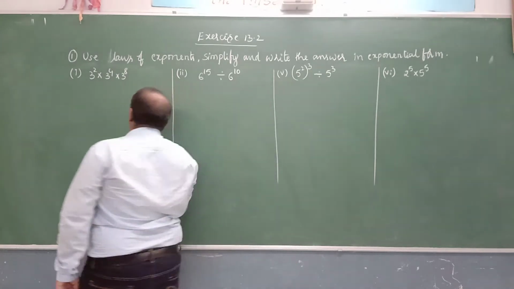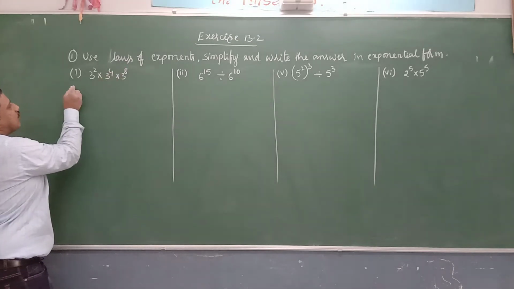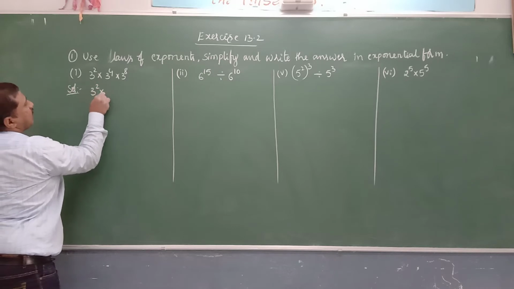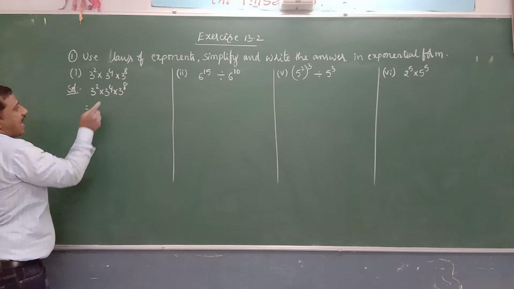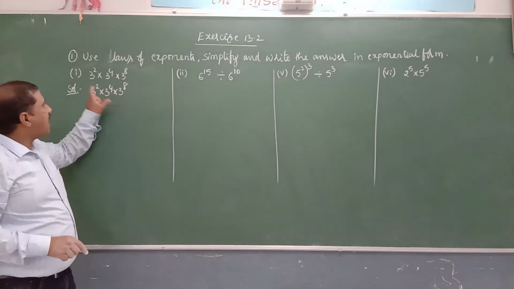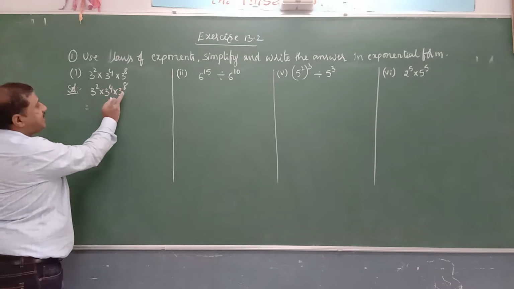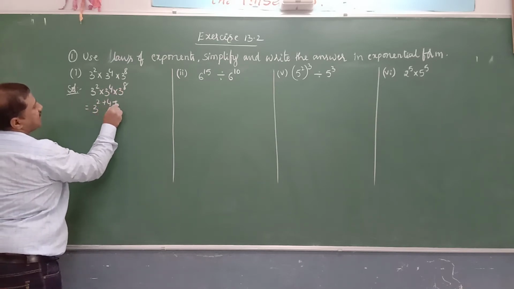Now we will see how to solve this. Here 3 square into 3 to the power of 4 into 3 to the power of 8. As the base is same and exponents are different, what will we do? We will add the exponents, that is 3 to the power of 2 plus 4 plus 8.